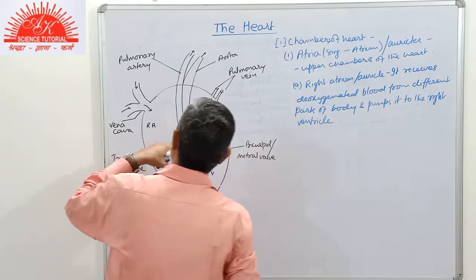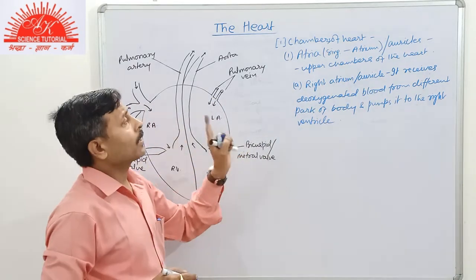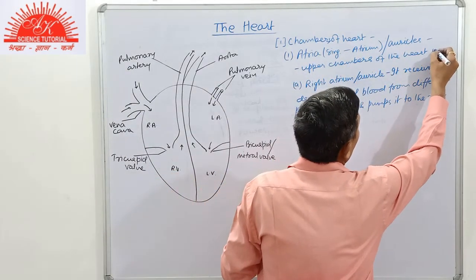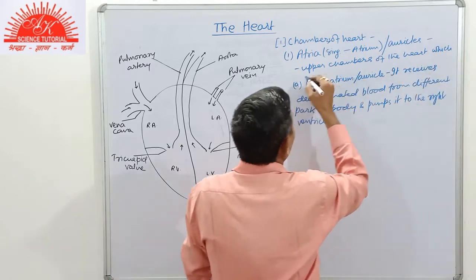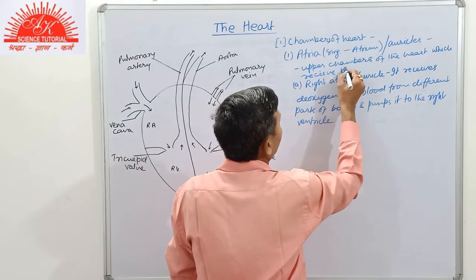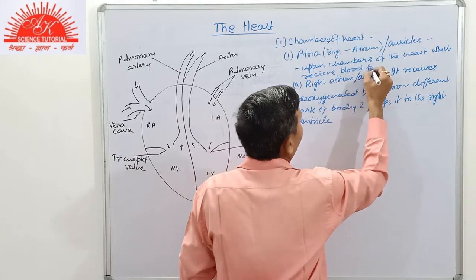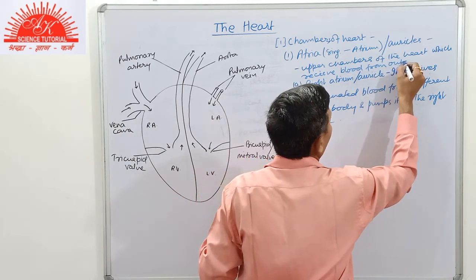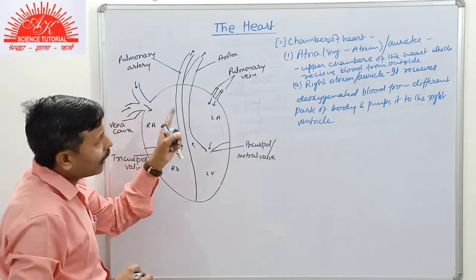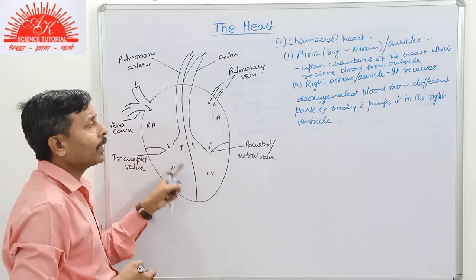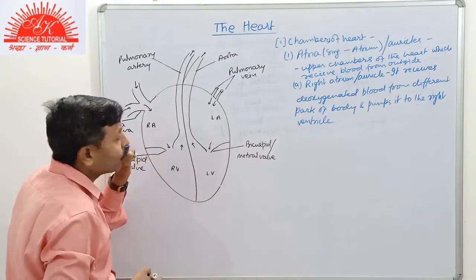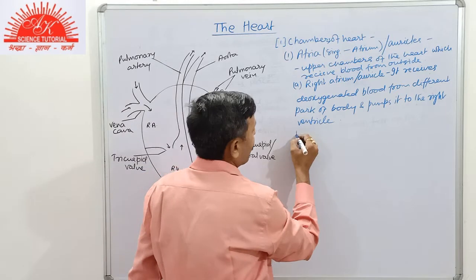So this is the right auricle. Now in simple terms we say the upper chambers of the heart receive blood from outside. So the right auricle receives blood from different parts of the body, that is from tissues, through the vena cava, and again sends it to the right ventricle.